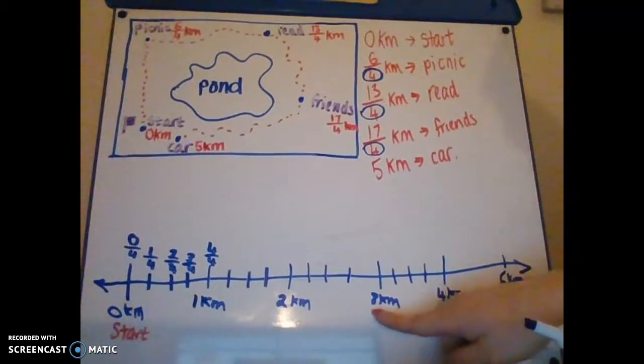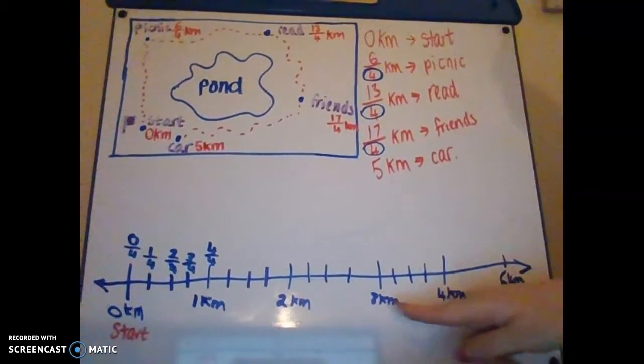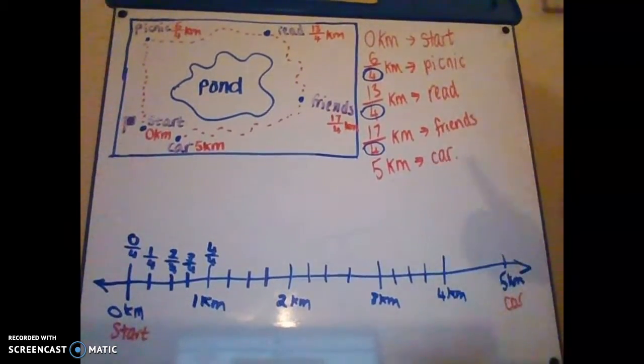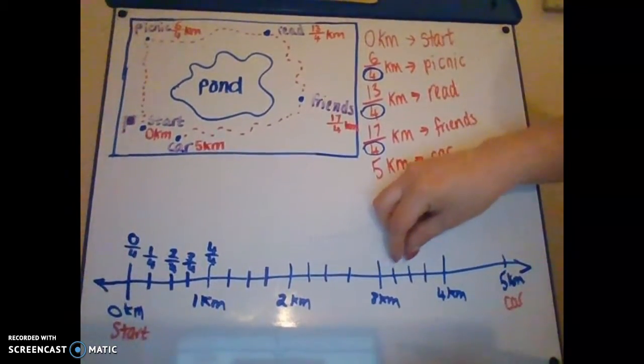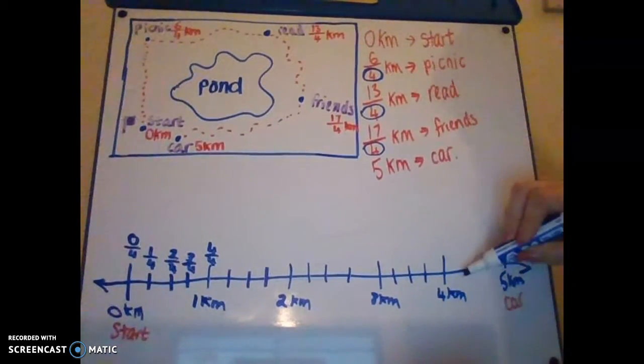From 3 to 4 is one number, right? 3 add 1 gives us 4, so that's one whole. 1, 2, 3, 4 equal parts to split it into fourths.